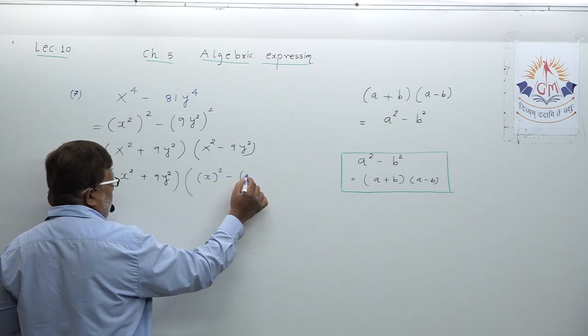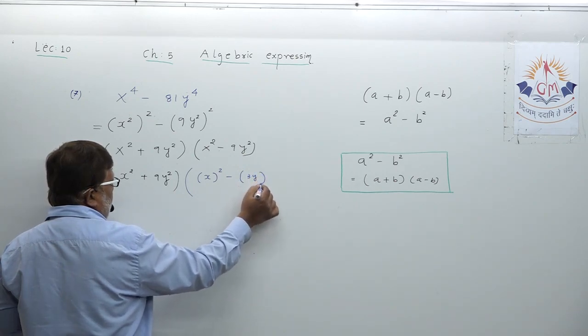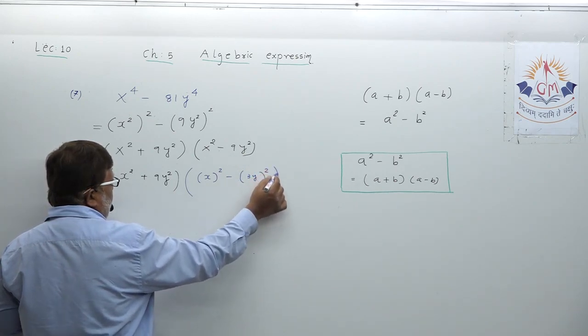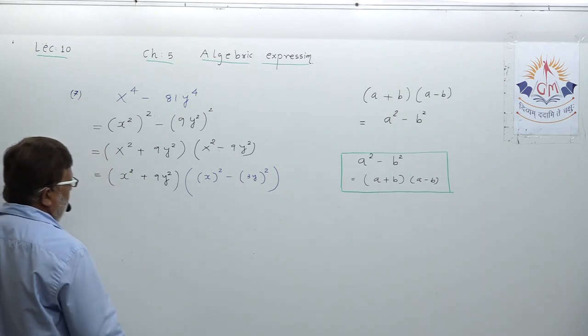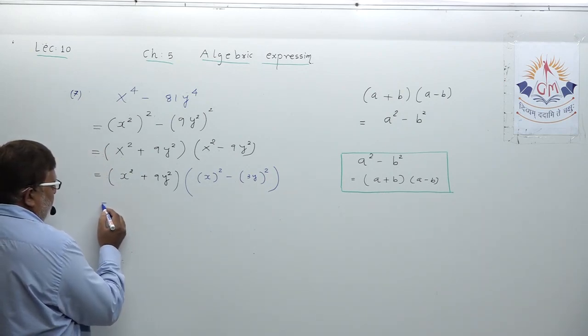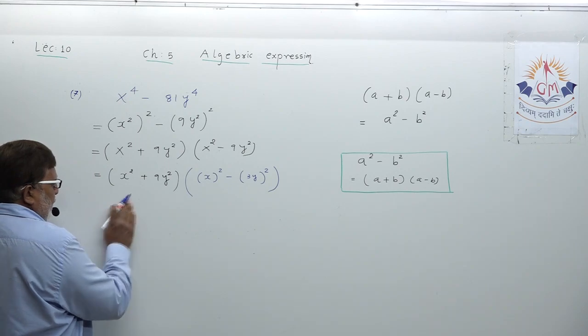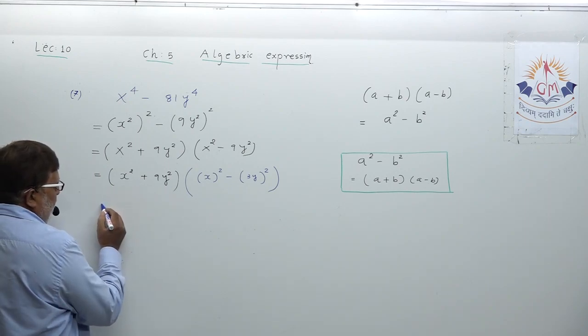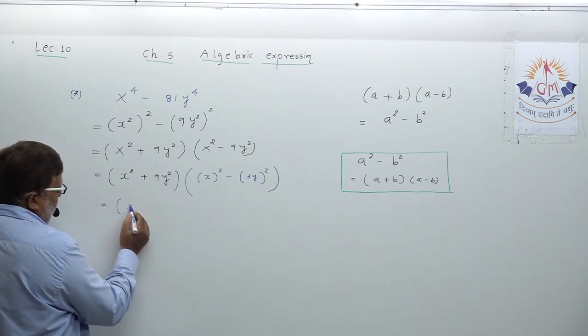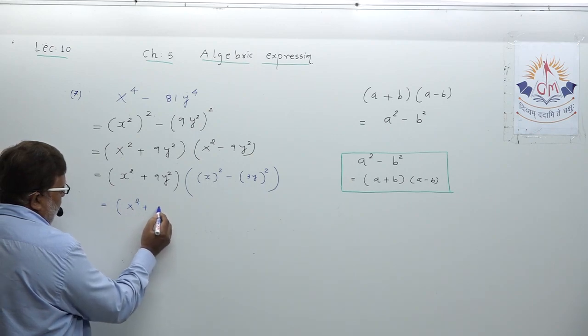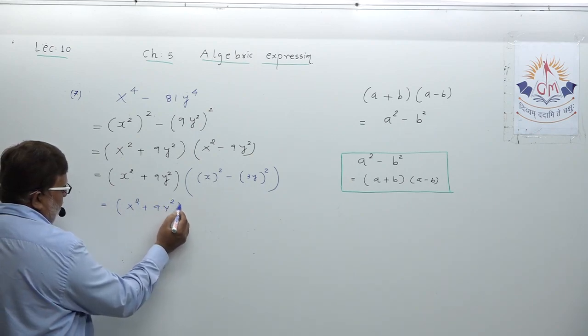Take the square root of this, minus 3y whole square, bracket closed. In next step, the first bracket is going to be as it is because it is not further factorizable.